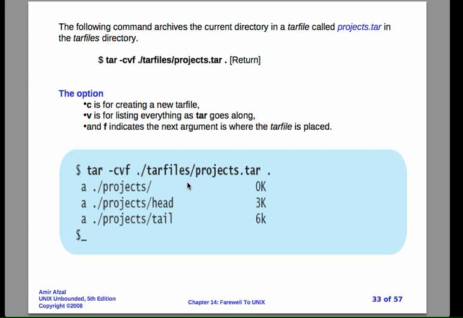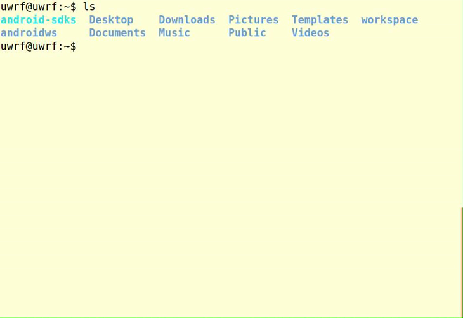So let's take a quick example. So I have a bunch of files here. What I typically do, let's say I wanted to create a complete copy of this Android workspace. What I would do is tar minus cvf, and you can try this with your live DVD. You should have the same files.